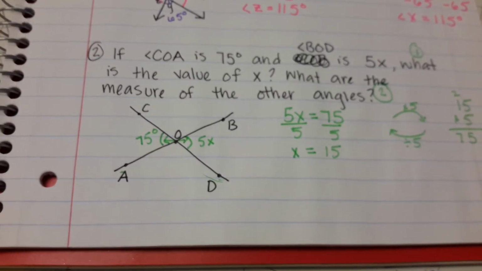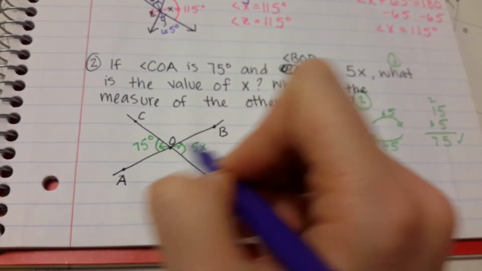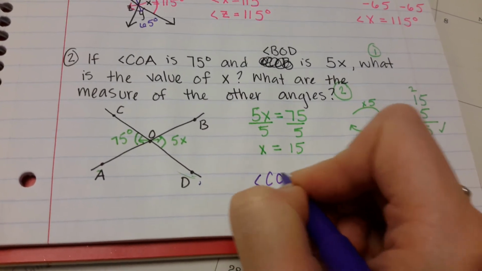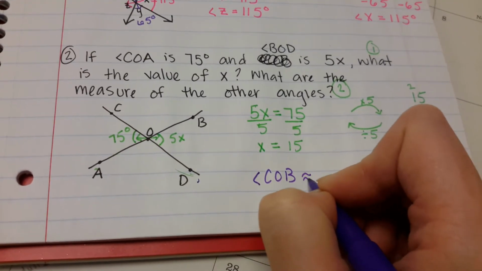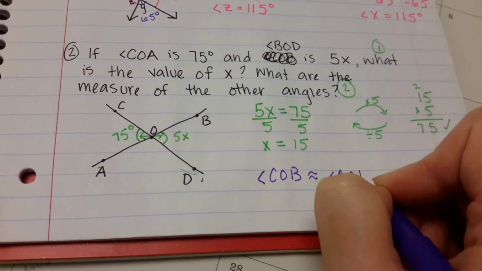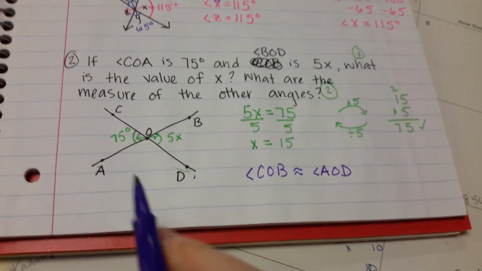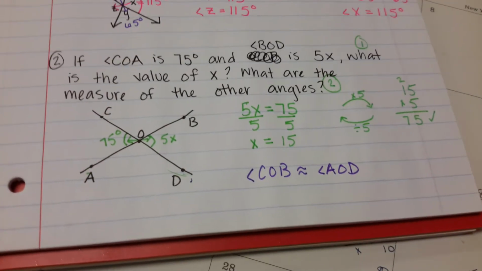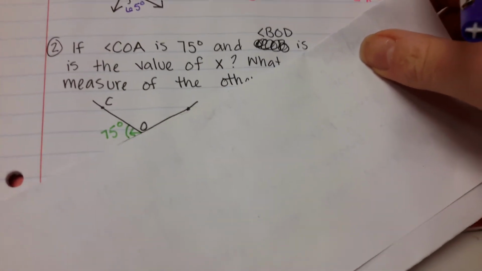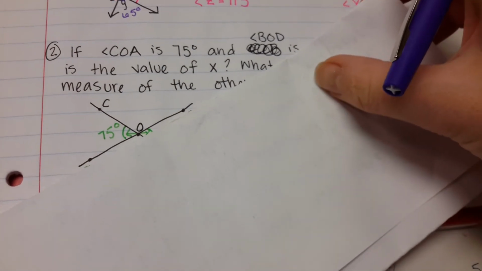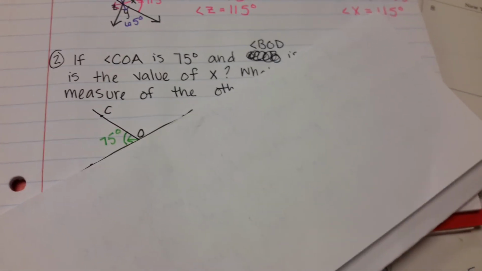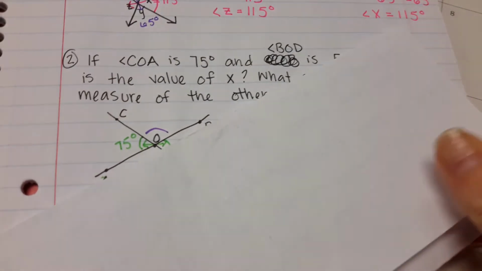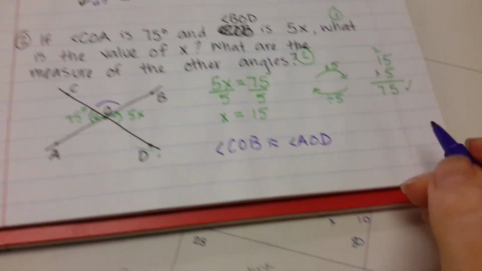And now we need to find our two other angles. So we need angle COB and AOD, but we know that they're going to be equal. Angle COB is congruent to angle AOD. So we really just have to find the measure of one of them. I'm going to again cover up part of our problem. So if we cover up this part, we have supplementary angles. One angle is 75, and I need to find the second angle. So let's go ahead and do our math.